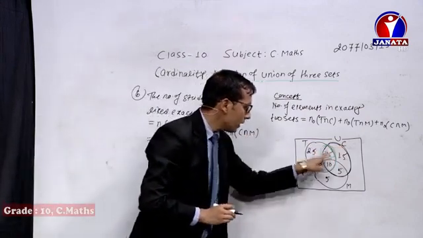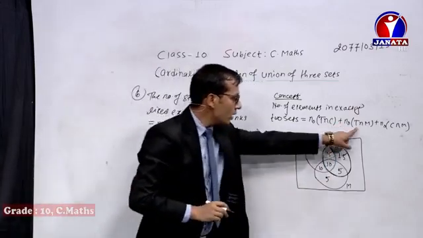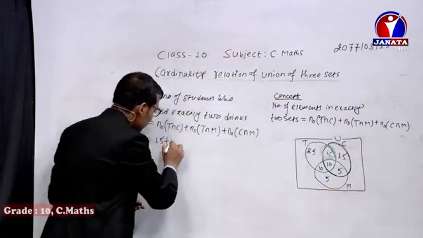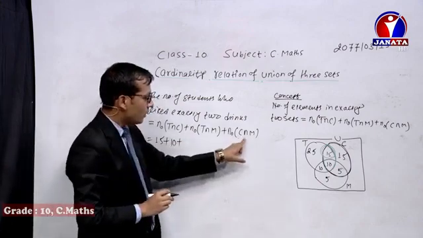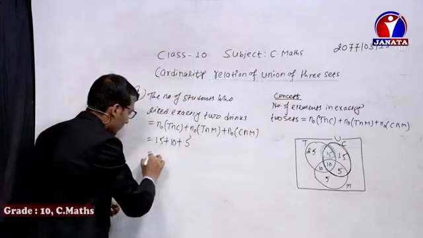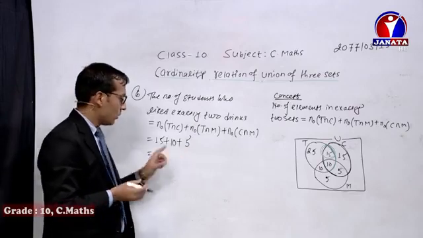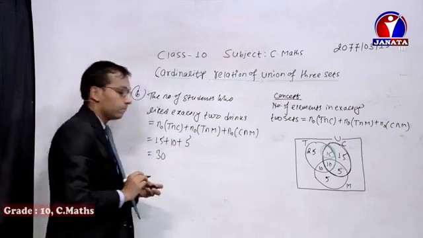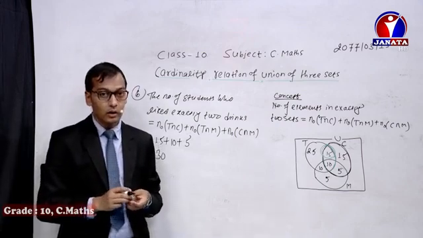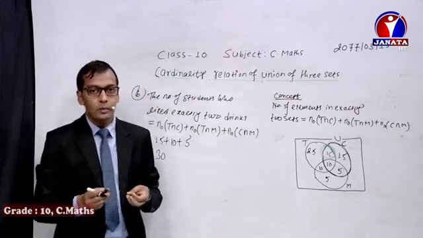T intersection C only is 15, plus what is n only T intersection M? T intersection M only is 10, plus what is n only C intersection M? It's 5. So this is 15 plus 5, 20 plus 5 is 30.